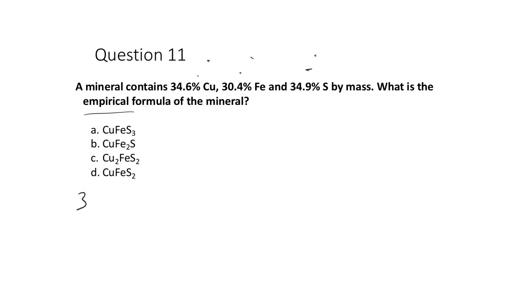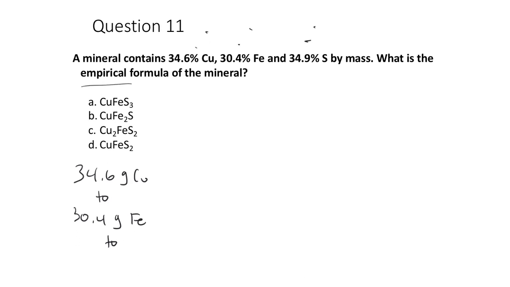And so what we're going to do is start with our 34.6 grams of copper. I like to think that this is just a ratio to however much mass of iron there is, and that's also in ratio to the mass of sulfur. So we've got to keep these ratios intact. We can do that when we convert to moles, using each of their own molar masses. The molar mass of copper is 63.546 grams per mole.